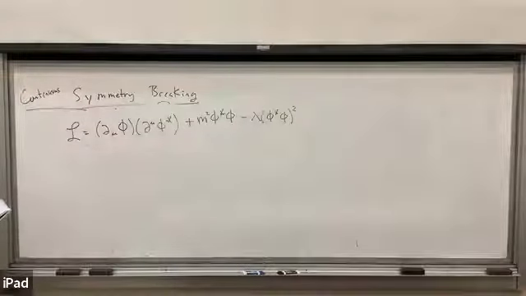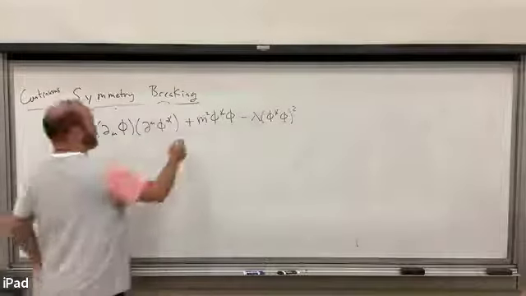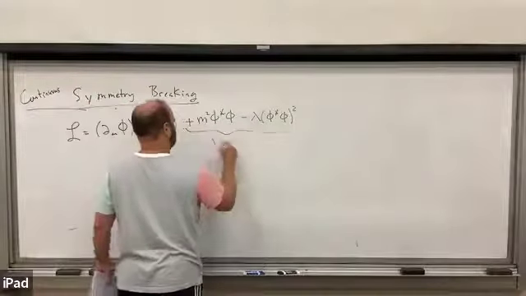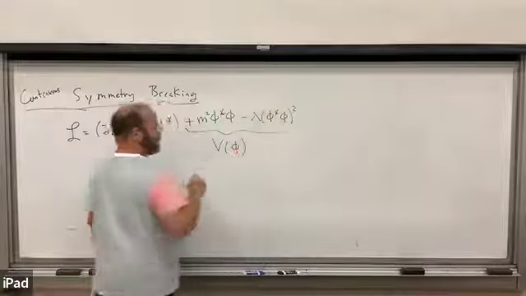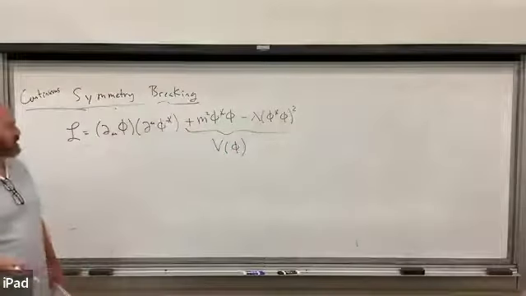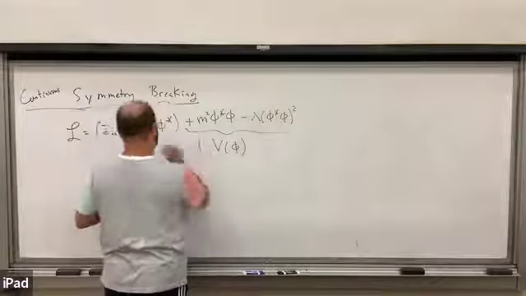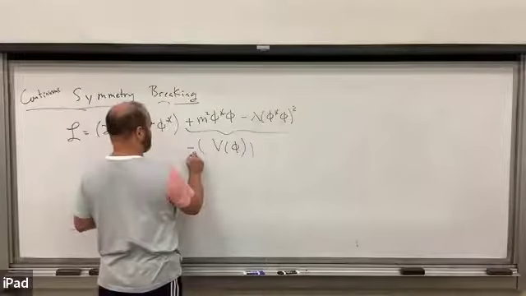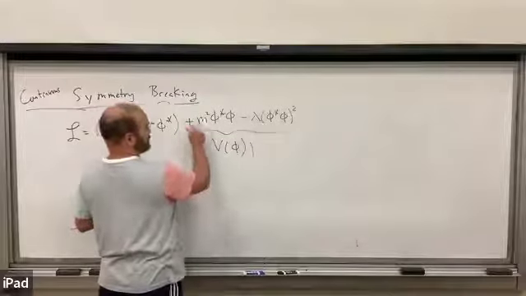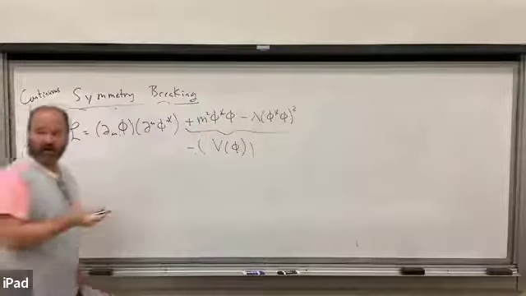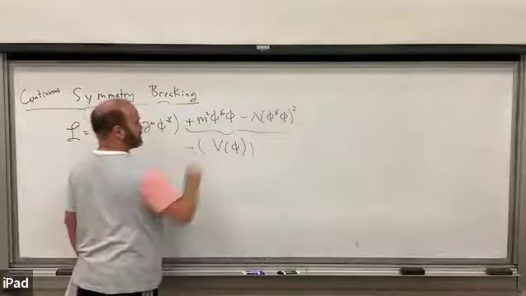I put the mass term in with the wrong sign, which is what I want to do. Notice this is again the potential energy density, and it's kinetic minus potential, so this actually has the wrong sign and this has the right sign, because when I go back, this is minus, and then this is plus.